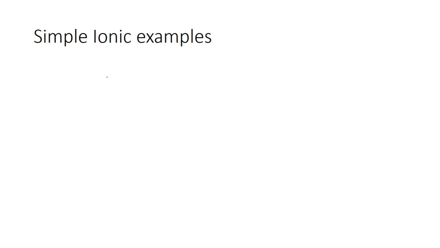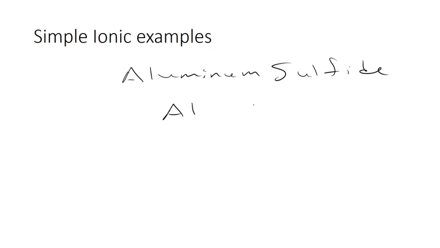So another example might be something like aluminum sulfide. We know aluminum, Al, sulfide is S. So aluminum, if we look on the periodic table, plus 3, sulfide minus 2. And so now we can use our trick.